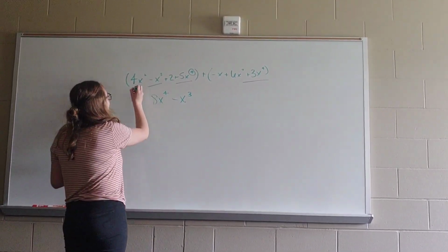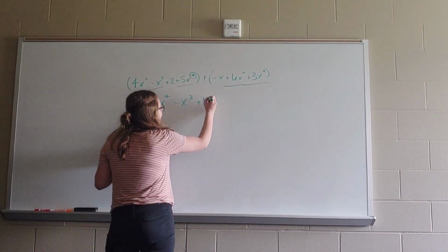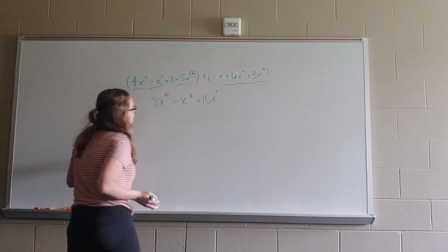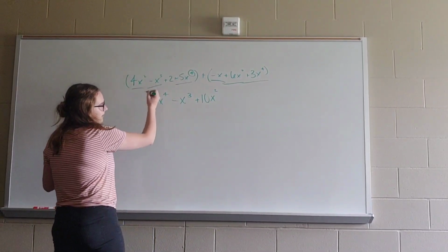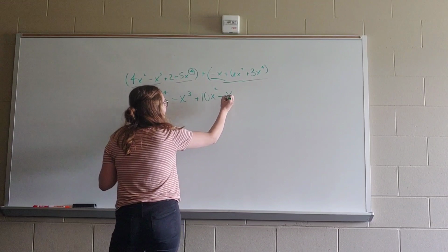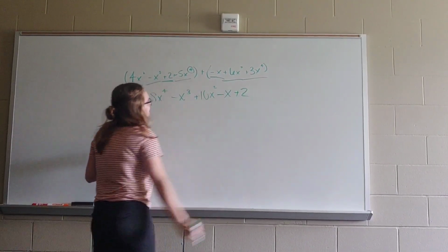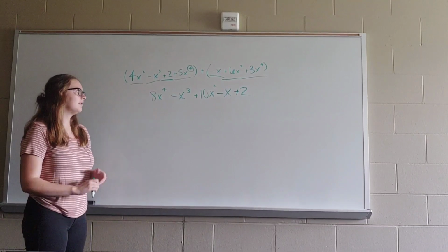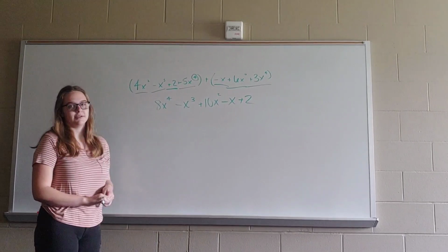And the next one is to the 2nd power, so you add those together to get 10x squared. Then we've got this one, but that one doesn't have one over here, so you just bring that one down. And then lastly we have our constant, we just add that to the end. So our finished product should be 8x to the 4th minus x cubed plus 10x squared minus x plus 2.